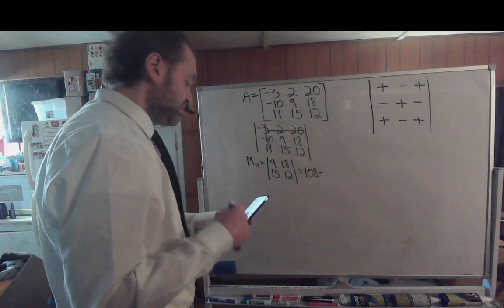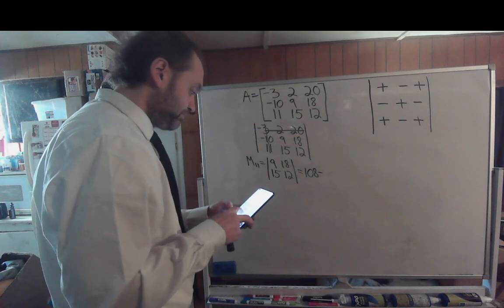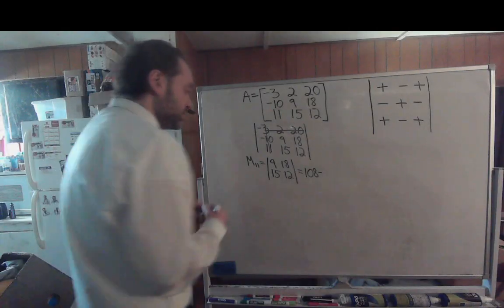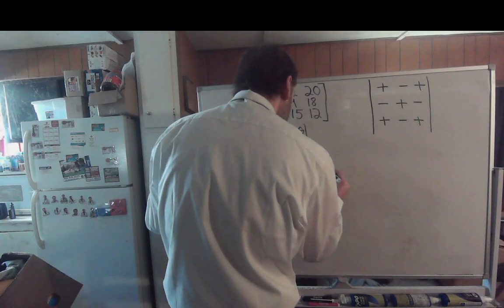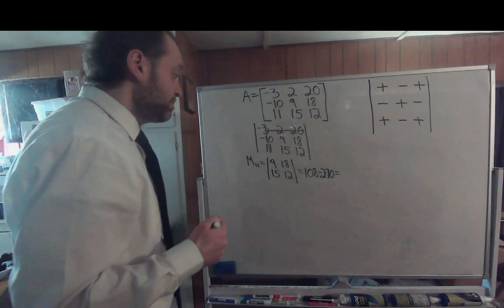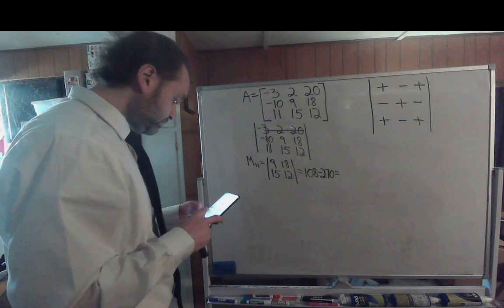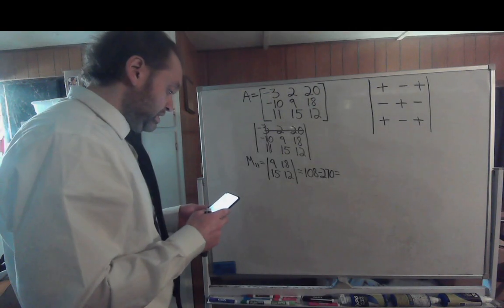I think it's 270, but let's make sure. Yeah, so minus 270. Alright, so now let's just do 108 minus 270. That'd be negative 162.